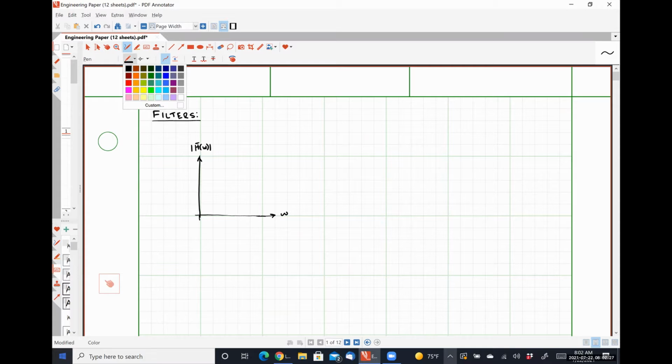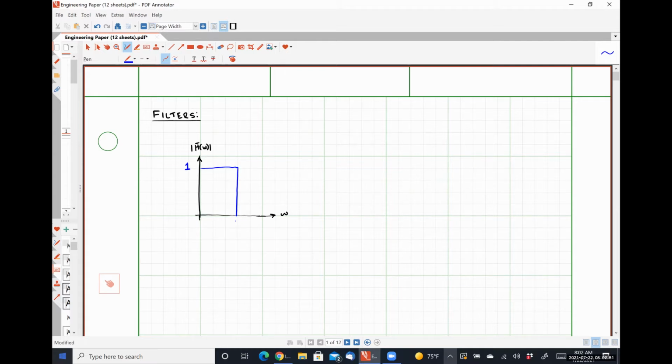So our first filter circuit that we're going to talk about is going to behave something like this, where we have some amplitude, and because we're going to be dealing with passive filters, the maximum amplitude will usually be 1, shouldn't be higher than 1 for sure.